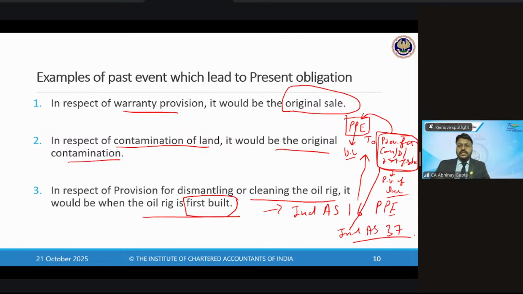So Ind AS 37 advises us to record a provision, right? And that provision is the liability side entry, which is being recorded. The asset side is taken care of by Ind AS 16, which says that this needs to be capitalized in the PP&E. But how this will be computed and recorded as a liability or provision is governed by Ind AS 37, right?